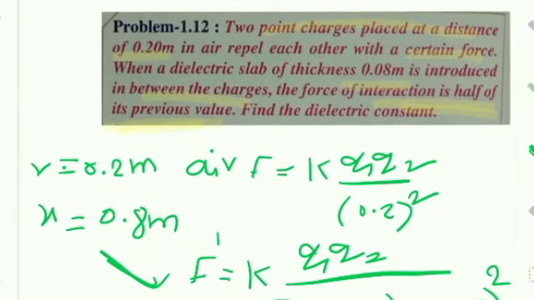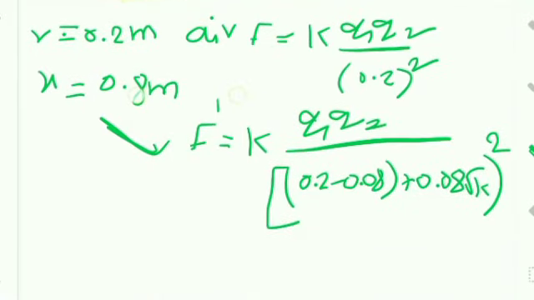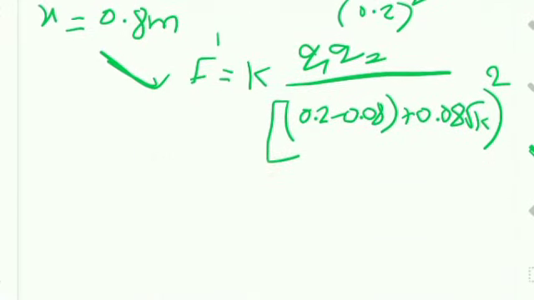According to our question, the force of interaction is half of its previous value, hence F dash is equal to F by 2.